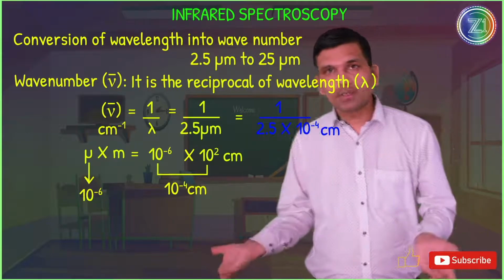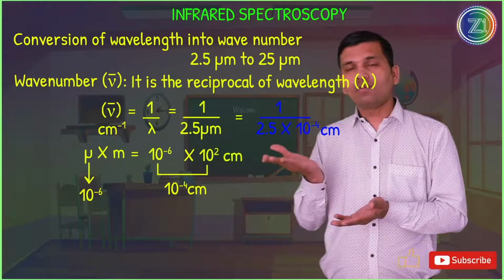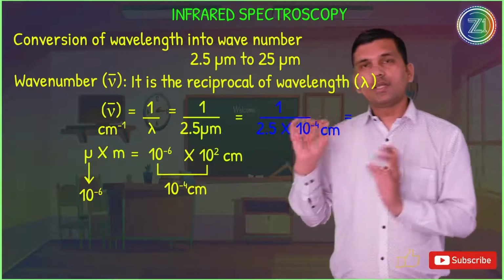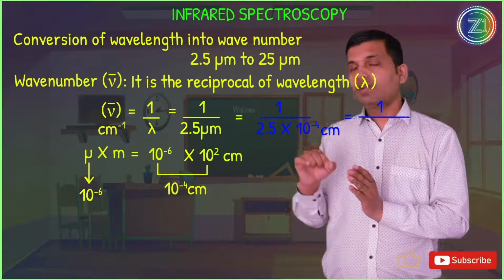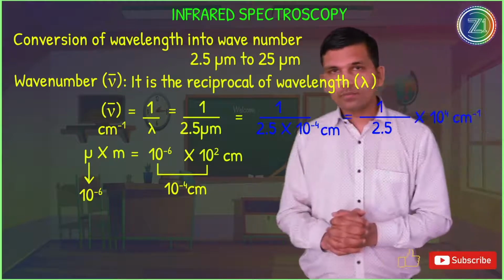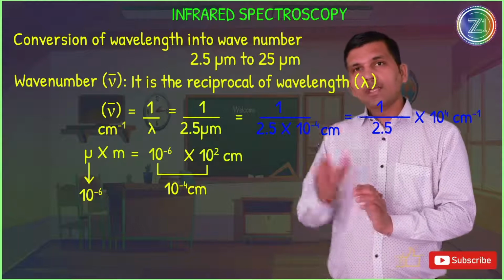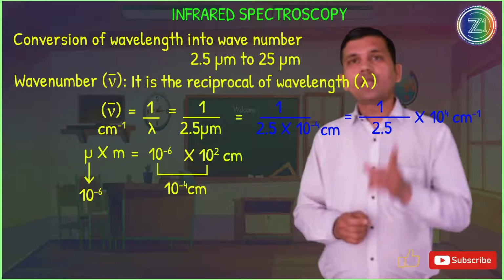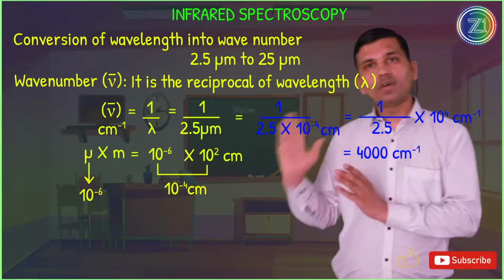Now, very simple. Convert this 10 raised to power minus 4 form into plus form by taking it into the numerator. Then this whole relationship changes to 1 over lambda, where lambda is 2.5 into 10 raised to power minus 4. Now you can calculate this value. If I put 2.5 into this expression, I will have the wave number 4000 centimeter inverse.